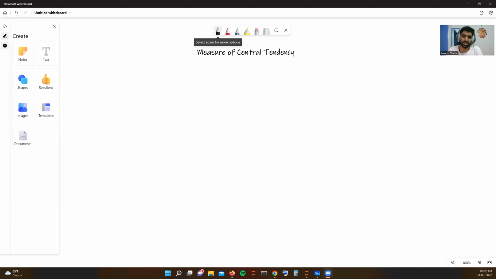That's why a measure of central tendency comes into picture. Basically it means that you know your data, you know at which point the central element of the data is present.